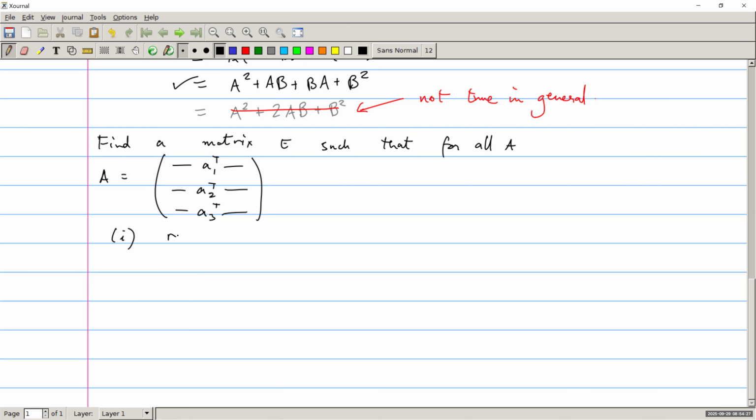Row 2 of EA is 2 times row 1 of A plus row 2 of A. So row 1, row 2, and row 3 of A. And what else do you need? First and third rows of EA equal the corresponding rows of A.